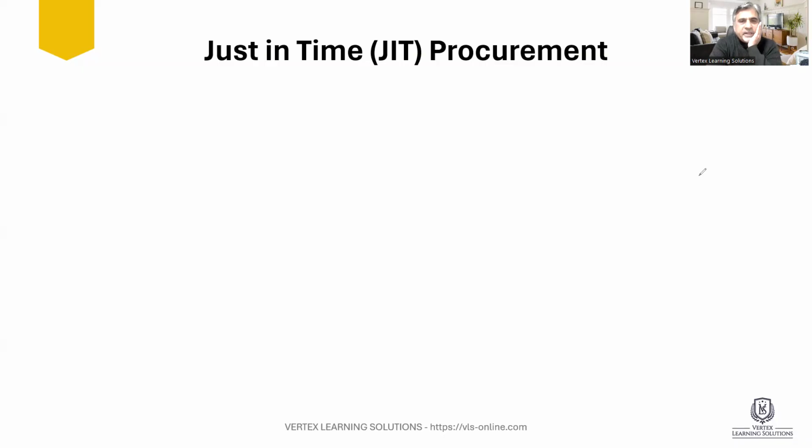JIT will work only if your suppliers are very close to you, and if your suppliers are providing very high quality goods which are not going to be rejected or returned. So you know that the supplier will bring it very quickly. Supplier can bring it in short orders. I'm not saying give me 1000 units, I'm saying send me 30 units.